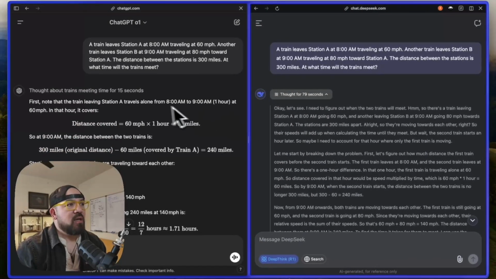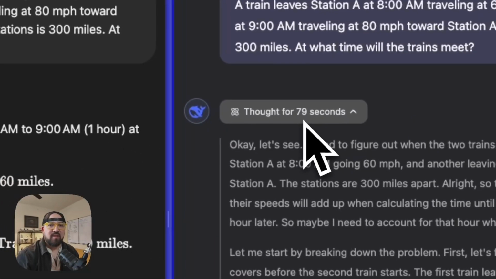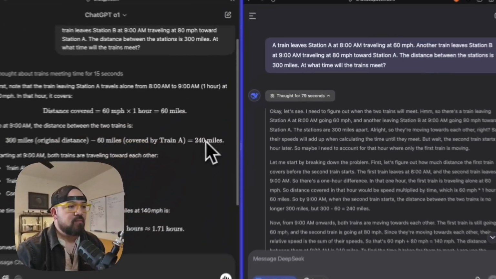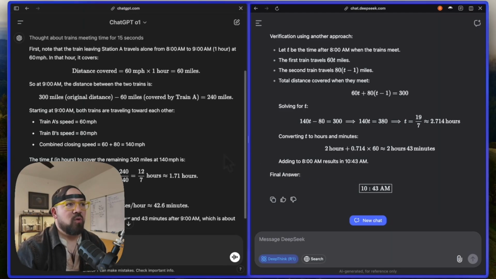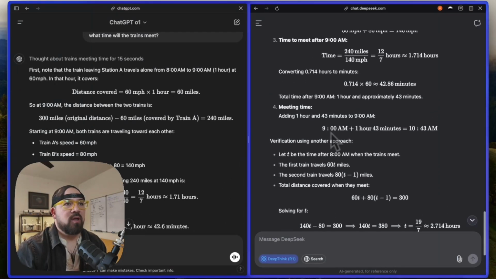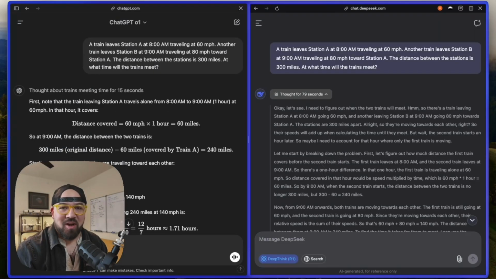And once again, O1 took 15 seconds and R1 took 79 seconds. When we look down, both were able to determine that they would meet at around 10:43 a.m. And both showed their work and were able to successfully answer the question correctly.